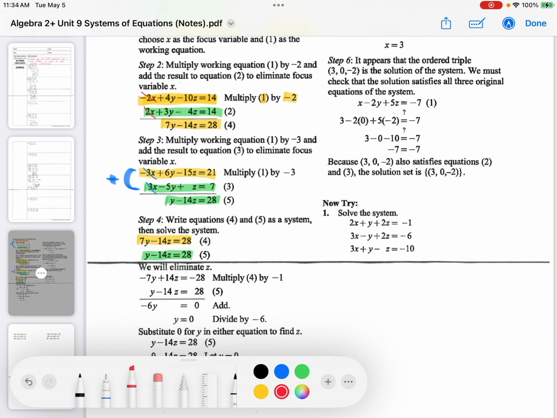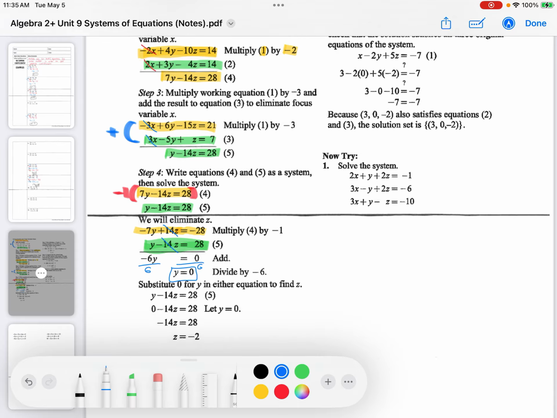If we multiply the first equation by -1, that would give me -7y plus 14z equals -28. Then we'd be able to combine that with y minus 14z equals 28, so that the 14z and the -14z would cancel out. -7y plus y would be -6y, and -28 plus 28 would be 0. So we get -6y equals 0. Divide both sides by 6, and we now know that y equals 0.